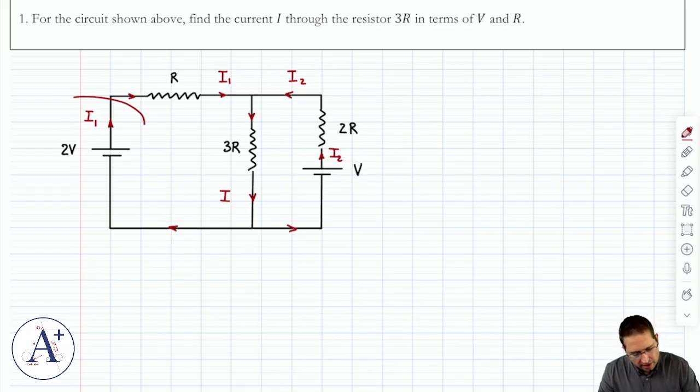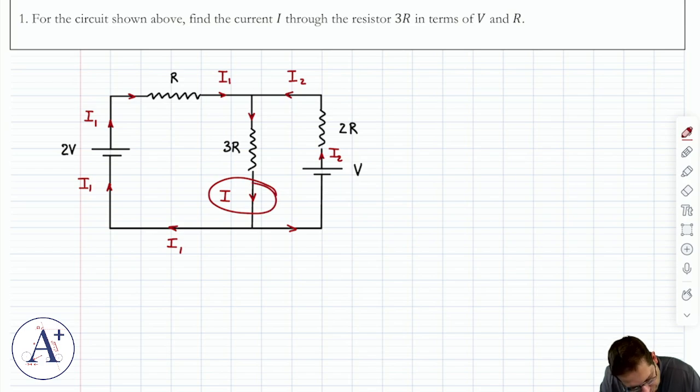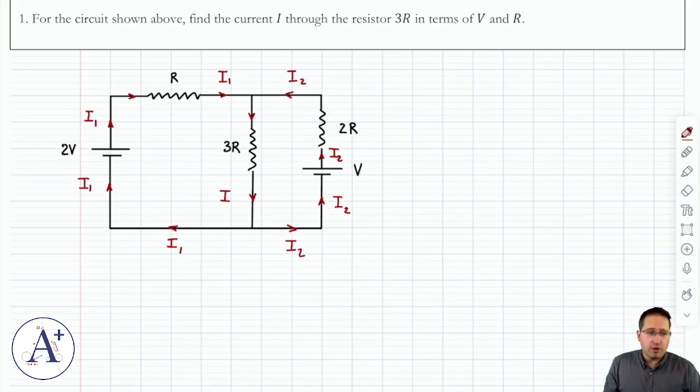If I have I1 coming out of the battery, I must have I1 coming back in through the other terminal. So the current here is actually going to split back up into I1 and I2, because on the right, same logic, I have I2 coming out of this battery. I need I2 coming back in. So those are my currents.